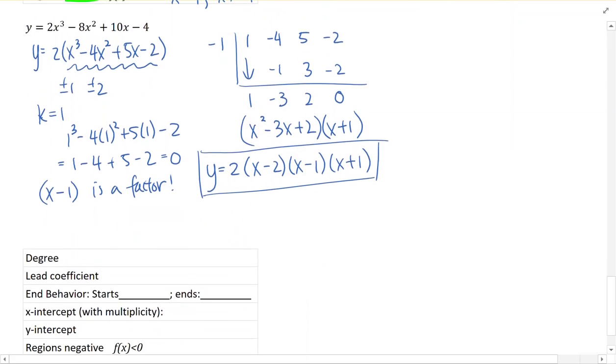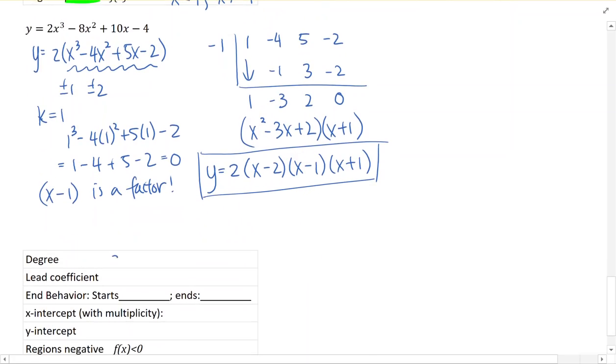Our degree is 3. Our leading coefficient is 2. For the end behavior, since it's degree 3 and positive, it should look something like that, right? It'll start in quadrant 3 and end in quadrant 1.